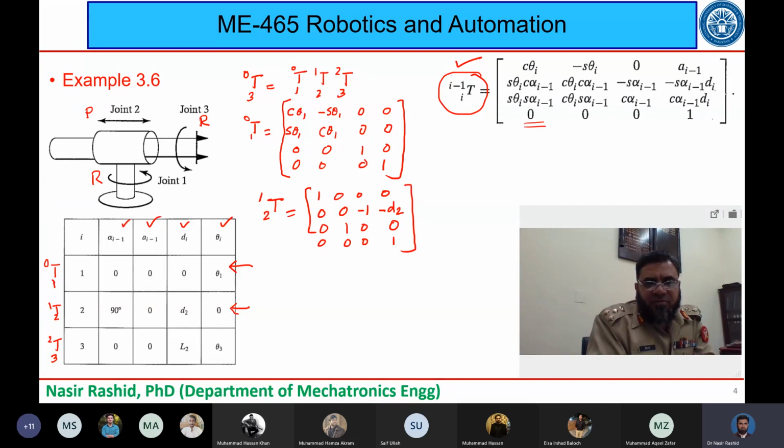So this is the transformation from 2 to 1.